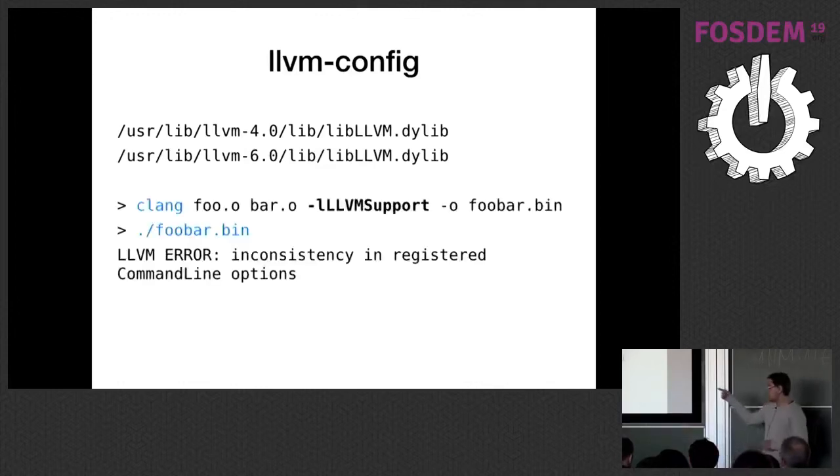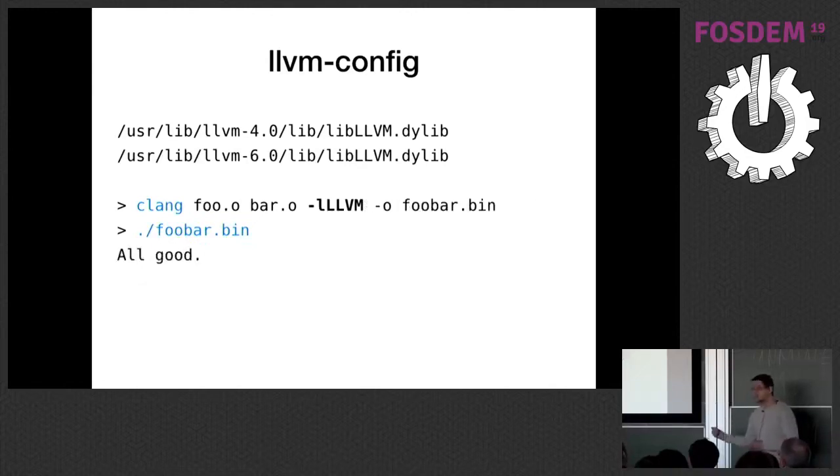If you link against a specific library like LLVM support, for example, and you run, you may get into this inconsistency. I don't really understand where it comes from. Something goes wrong, obviously, with dynamic linking and maybe static linking as well. But the solution for that problem is to actually link against just libLLVM.